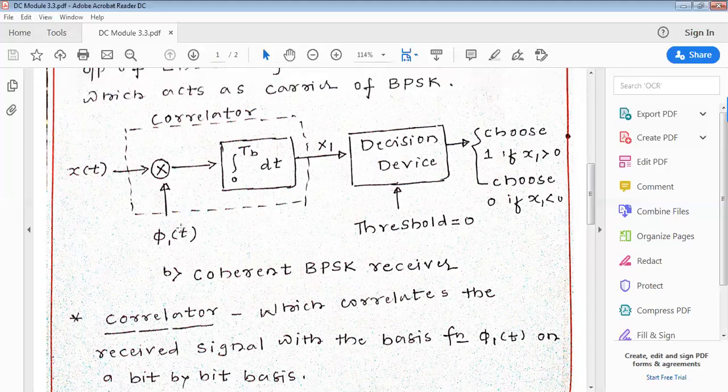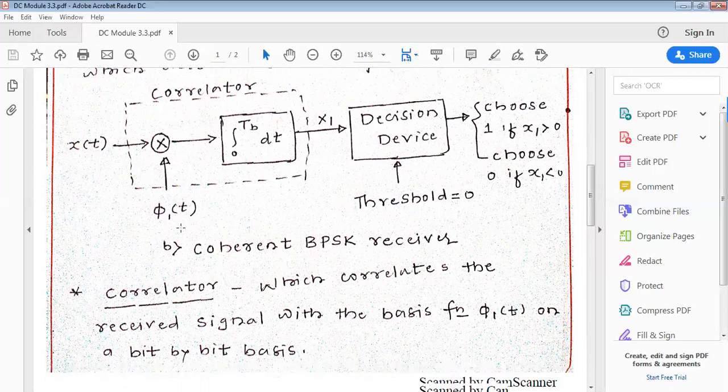Whatever basis function is used in the transmitter, the same basis function has to be used on the receiver side. Here you can see at the input of the receiver we have the received signal x of t. This x of t has to be correlated with phi1 of t with the help of a correlator.